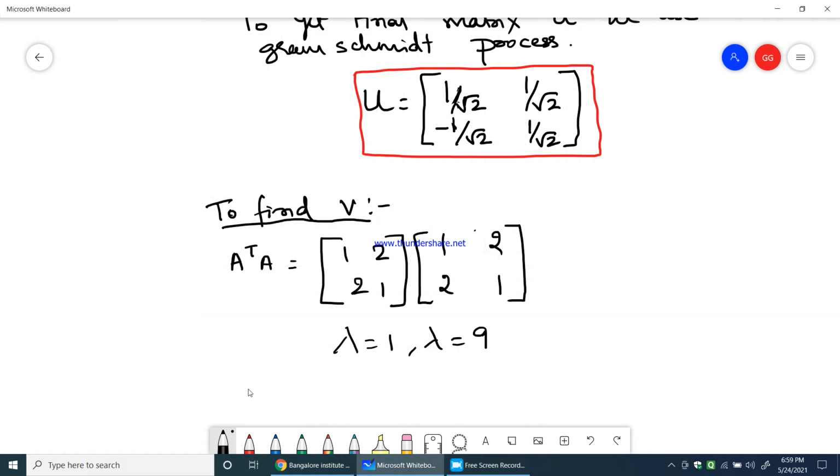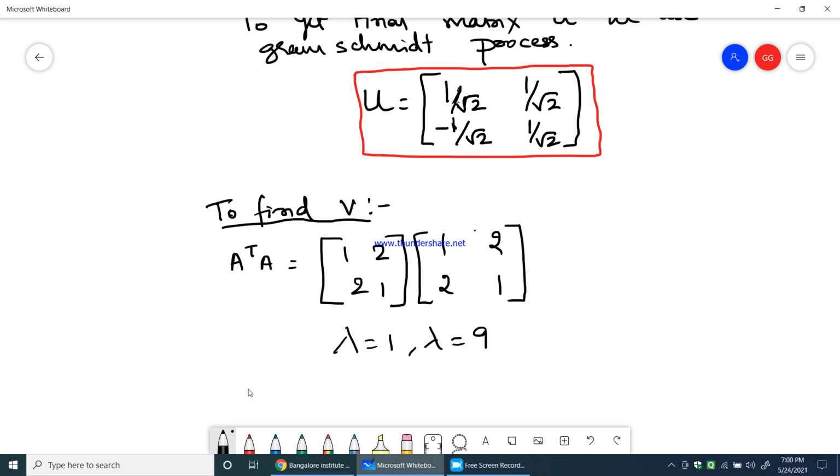So while finding the V vector, A transpose into A gives the same value we got while finding the U vector, because the given matrix is symmetric and A transpose is equal to A. Either you do A transpose into A or A into A transpose, the solution will be the same.